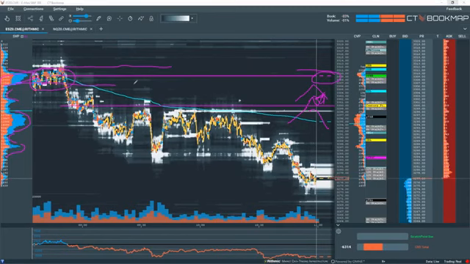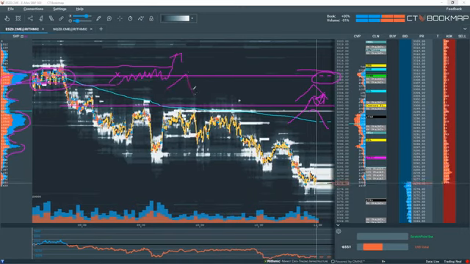So I can't put my stop in here because this is acceptance. It's likely to come up here and chop around. But if it breaks above the high volume node, then I know I'm wrong, because if it was really going to hold this area, it should not be able to get through all of this volume, okay?